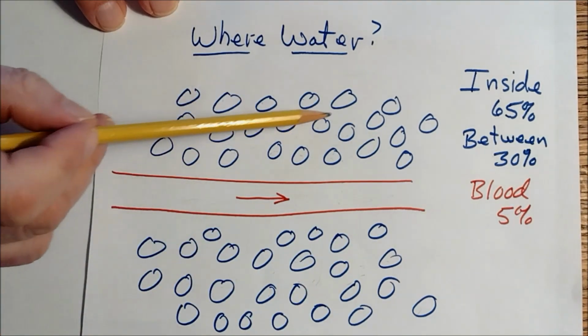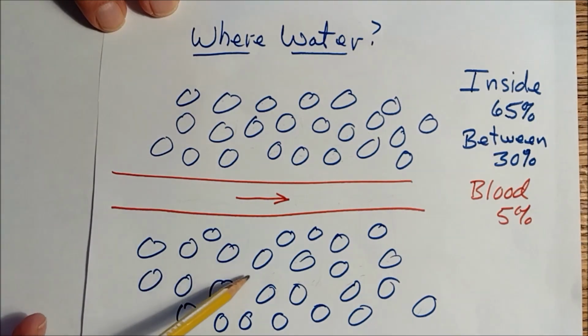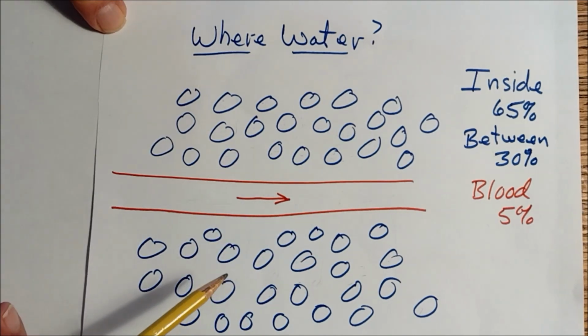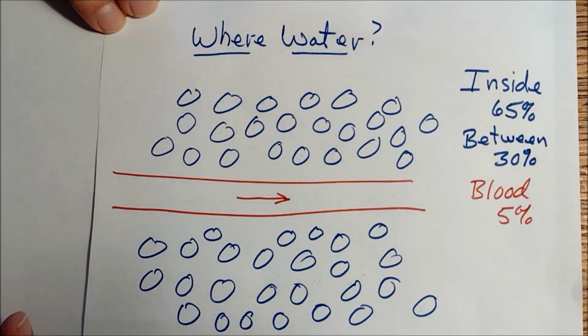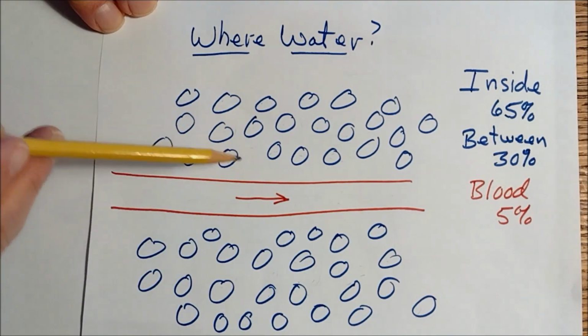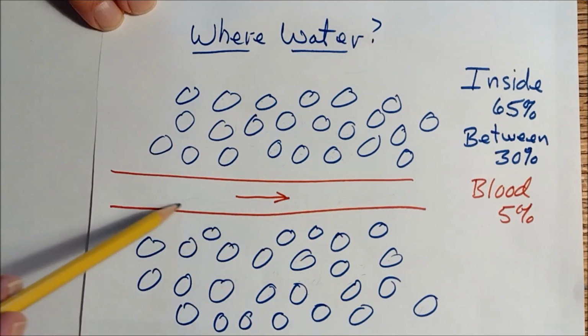We have body cells lining the blood vessel. And we have space between the cells here. And the topic of this picture was, where is the water in the body? And we find water inside the cells, we find water between the cells, and we find water in the bloodstream.